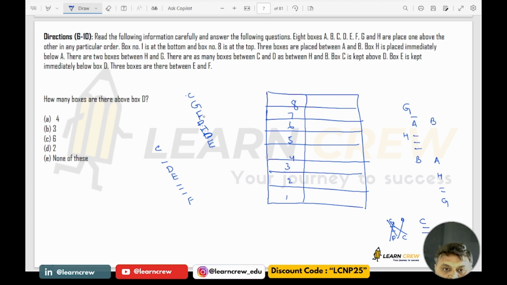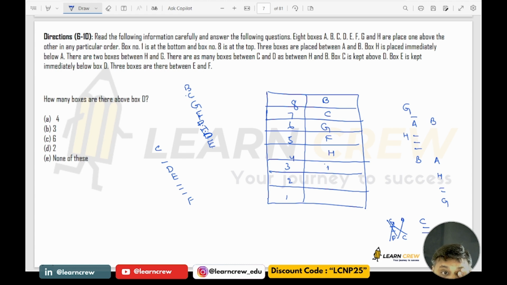Between H and B, for example, B I am giving here. Between H and B, how many are there? 1, 2, 3, 4. Okay. So between C and D, how many are there? 1, 2, 3, 4. Satisfied. So this is the final arrangement: B, C, G, F, H, D. Where is A then?